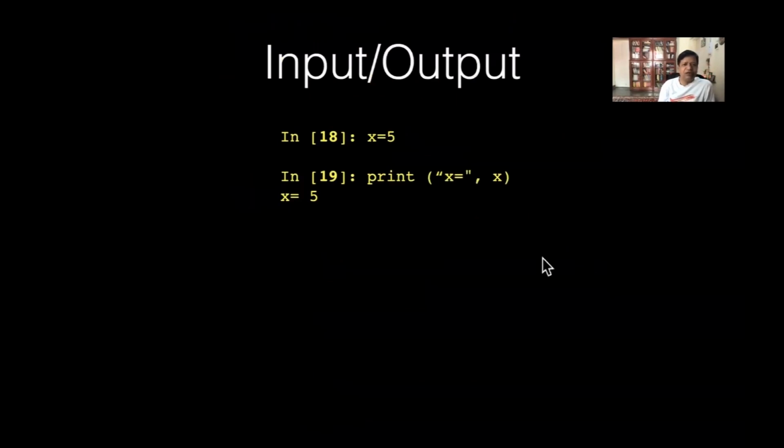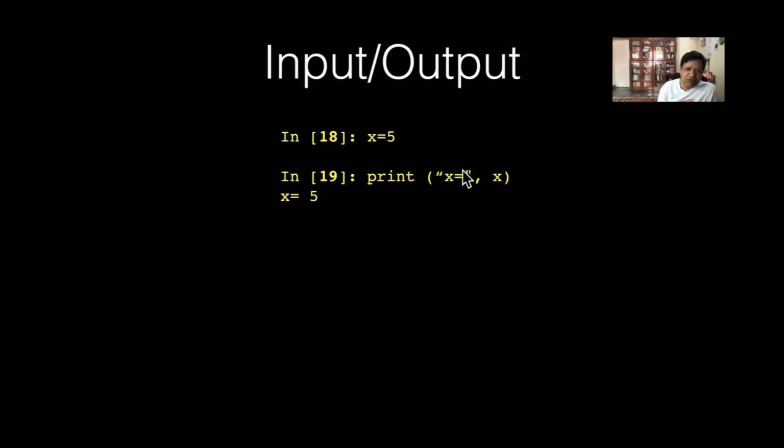Now, input output. You can print a variable. So that will be the content of a variable. I'm going to come to variables a bit later in the next class. So x equal to 5. So print, a string, in fact, not a character. A string, comma x.